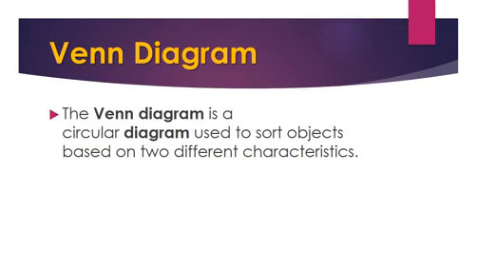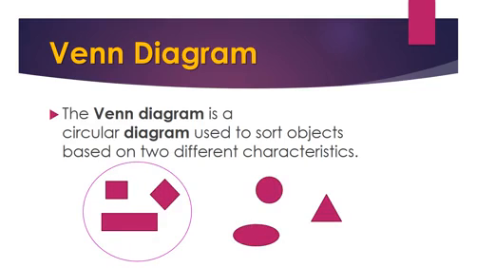Okay, so I have here an example. Observe, kids, I have different shapes. My shapes have the same color. But I group the square, the rectangle, and the diamond inside the circle because these three shapes have four sides, or they are four-sided shapes.